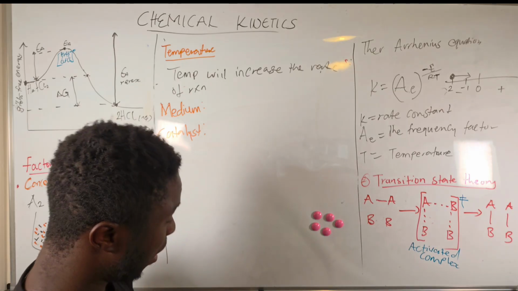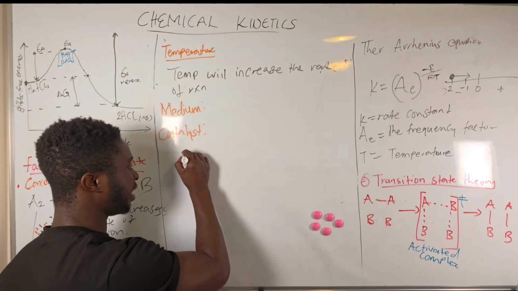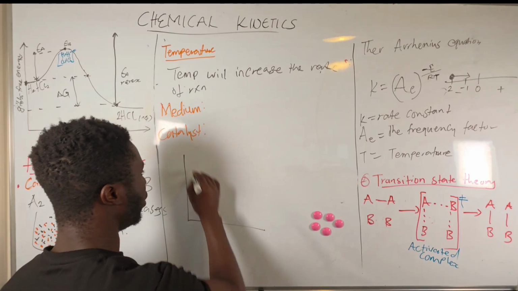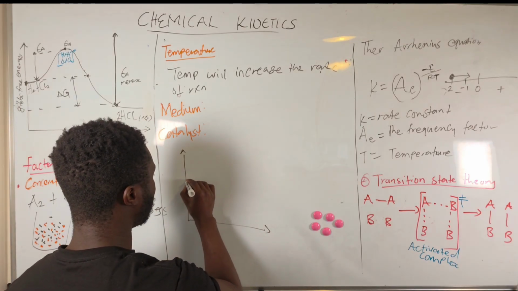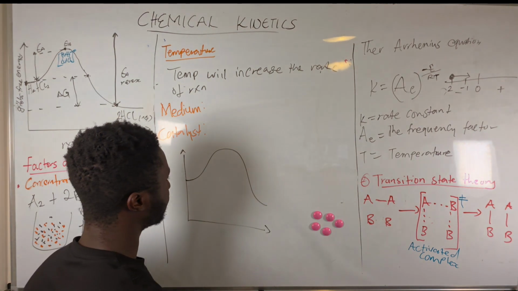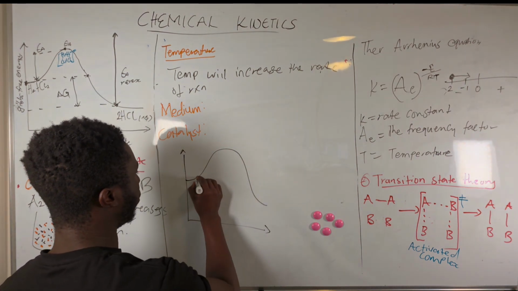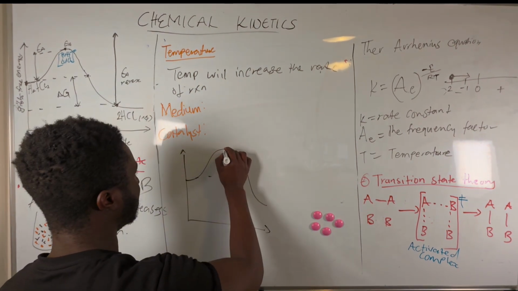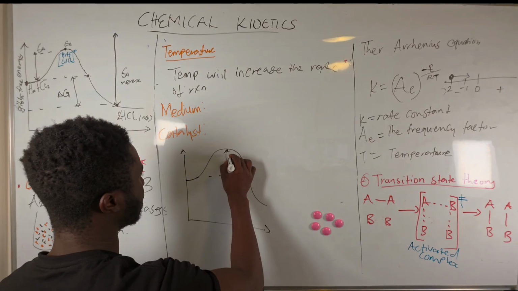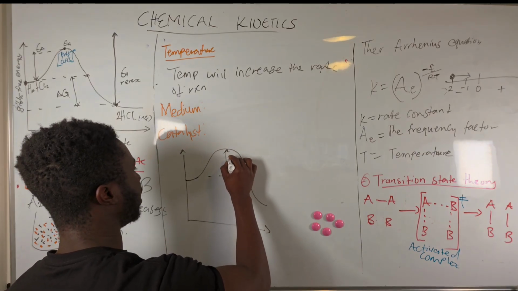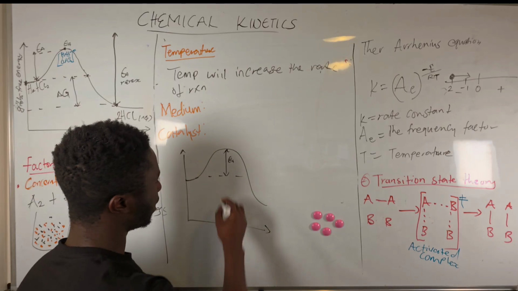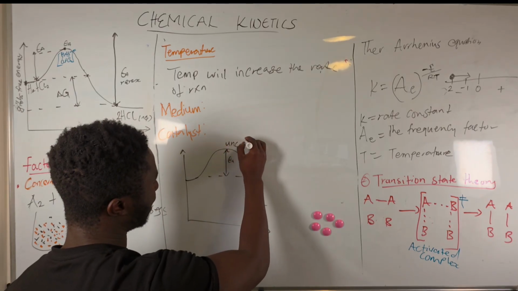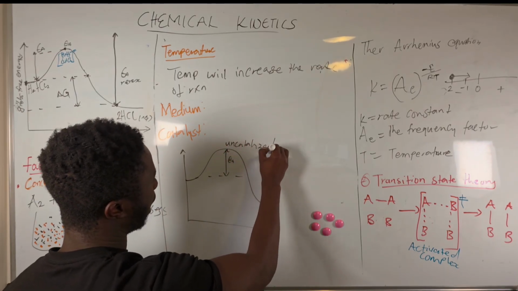So if I'm supposed to go a little bit intricate, what catalysts do is that they reduce the activation energy of a reaction. So if I have a reaction that occurs like this, and I rose over here, as I said earlier, up to here is the activation energy, that is E. And this is the uncatalyzed pathway.